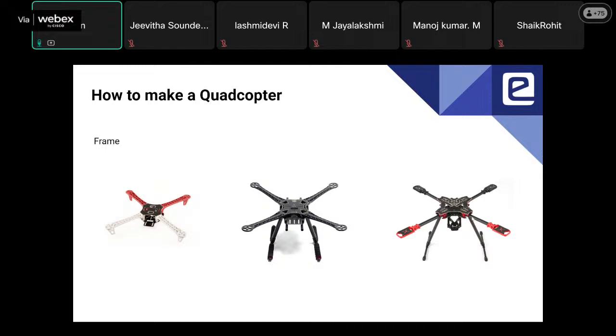The choice of frame also depends on where you are flying and whether you want to lift payloads or not. Plastic frames are good for recreational flying only. But if you crash the drone, there is a high possibility that this frame will break.